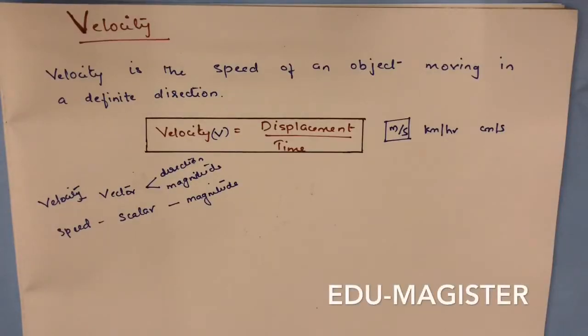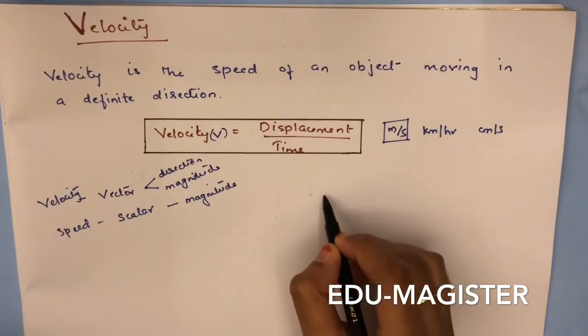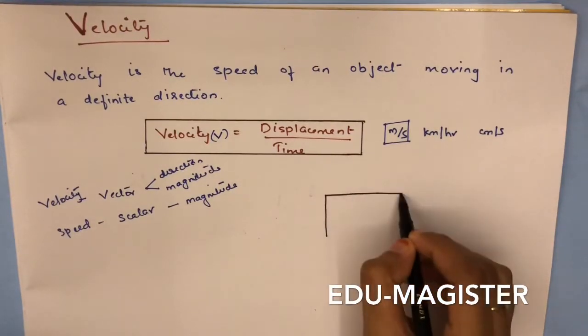Let me explain the difference between velocity and speed with the help of a simple example. Consider an object that is moving in a rectangular path.